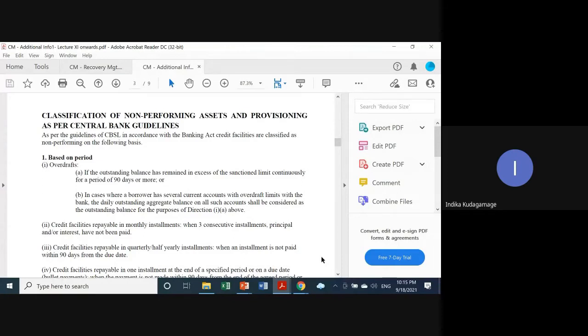In that scenario, you can classify a customer as NPL, non-performing loan, or NPA, non-performing advances, based on the risk profile. NPL classification is from two sides: one is number of days in arrears, or based on the risk profile, right?